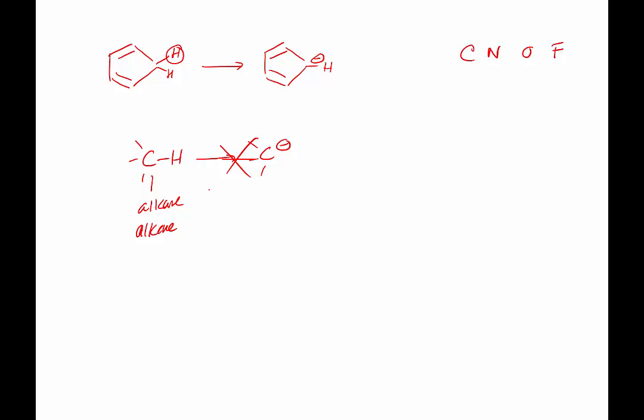Although actually people made C minuses before Grignard, but they didn't get the Nobel Prize. I think Barbier did that earlier on. But that's the only way we can make a C minus. I can't just deprotonate.